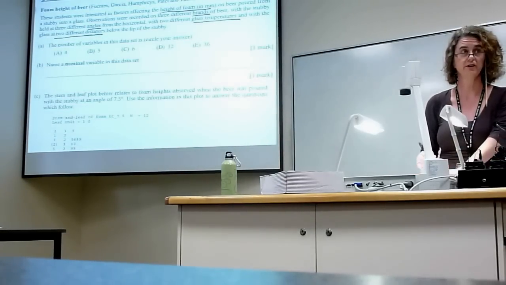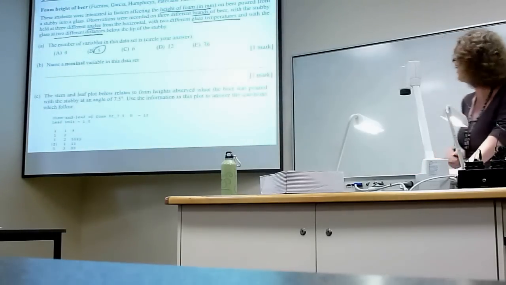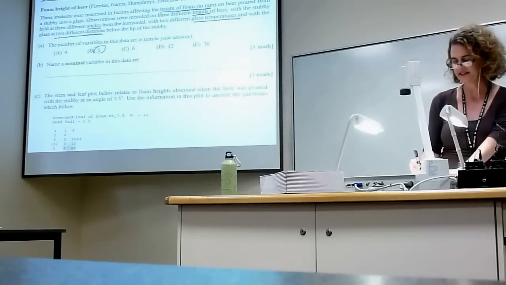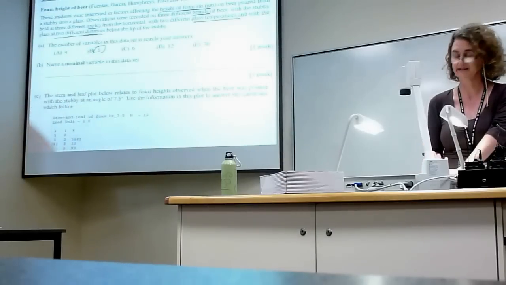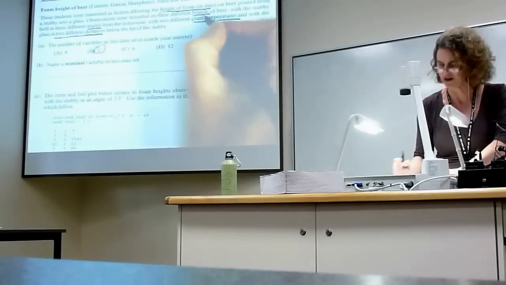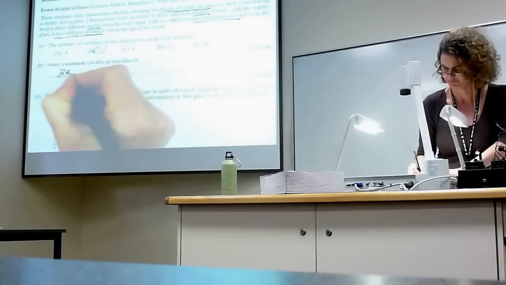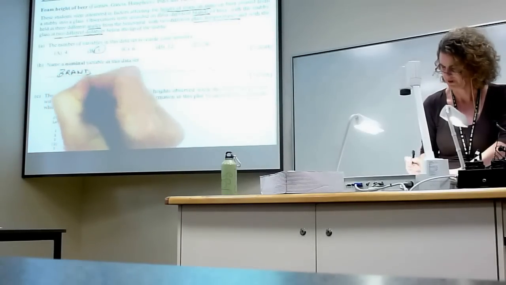Okay, 5 variables. Yep, I found 5. Name a nominal variable. So nominal means name only, basically. So something that just involves name would be the brand of beer. Yep, brand. Okay, that's fairly straightforward.